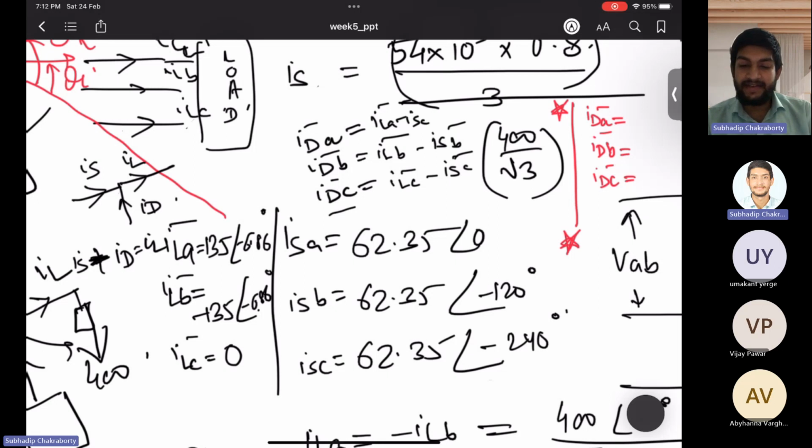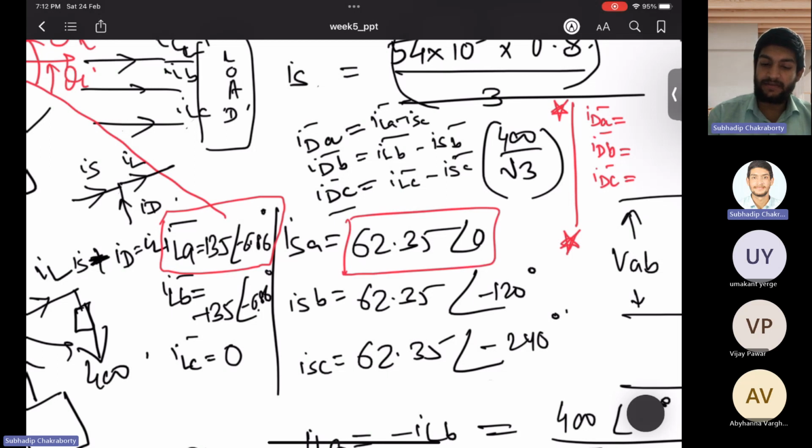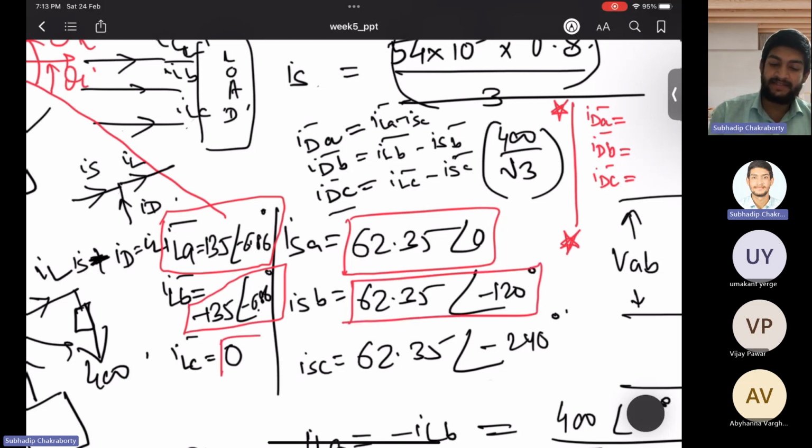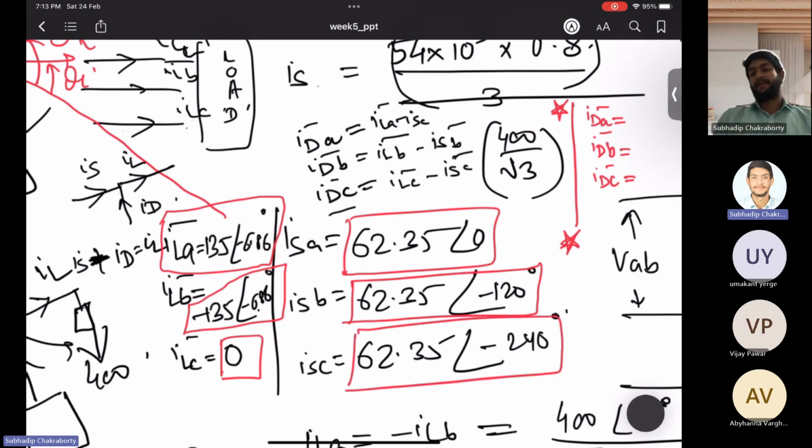To calculate IDA, you subtract from ILA, this is ILA, ISA, which is this. When you calculate IDB, you use this ILB minus this. And when you calculate IDC, use this minus this. Calculate what it is coming.